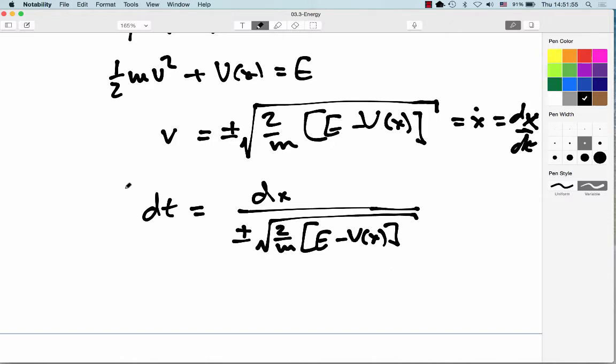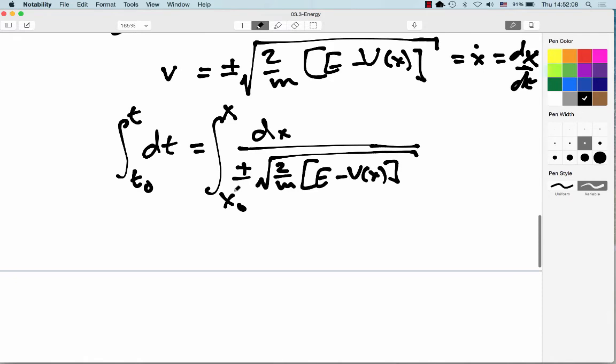And all you gotta do is, well, we'll integrate that from t naught to t. And then for the little trickier bit, you have to integrate that from x naught to x. And in general, that is a bear. But in principle, you can solve anything if you can write the energy function. So we're just left with t minus t naught on the left-hand side, and that same integral on the right-hand side. And that's as far as you can take it.